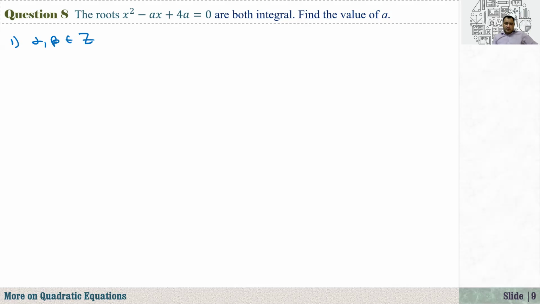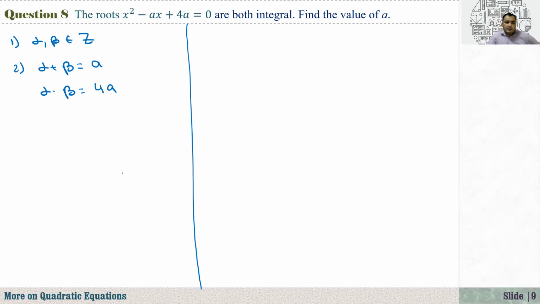The second thing is, we know that alpha plus beta is equal to minus b, that is a, and alpha times beta is equal to 4a. Since alpha and beta are integers, also a is an integer, and of course also 4a is an integer. Let me draw a line. Okay, that's the first observation.